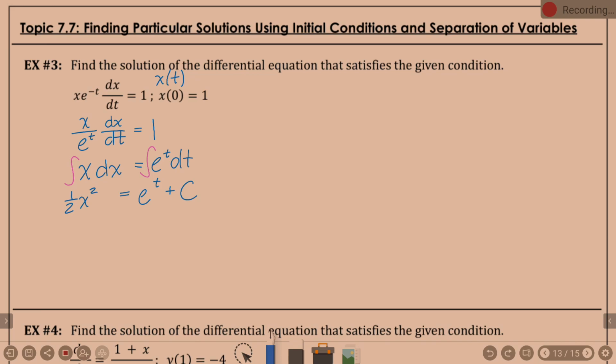So t is our independent variable here, and x is more like what we usually think of as y. Does that make sense? That means we're going to be solving for x eventually, so to speak.